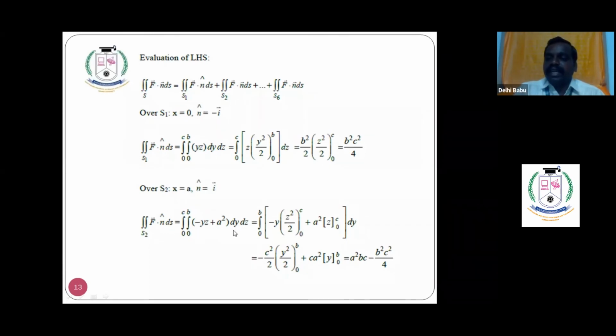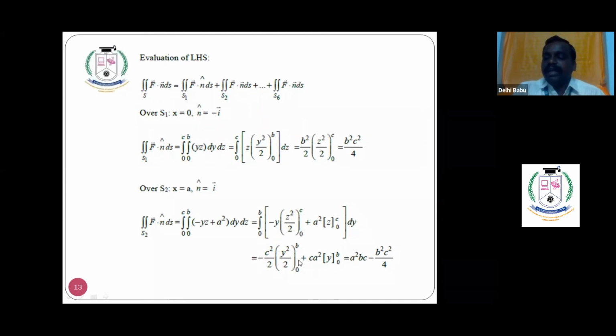Once again, integrate this. Minus y is constant. When I am integrating with respect to z, then z square by 2 between the limits 0 to c, plus a square is constant, so the integral of dz is z between the limits 0 to c, into dy. Either you can integrate with respect to y then z or z then y. That's your choice. In both cases, you get the same answer. So minus c square by 2.